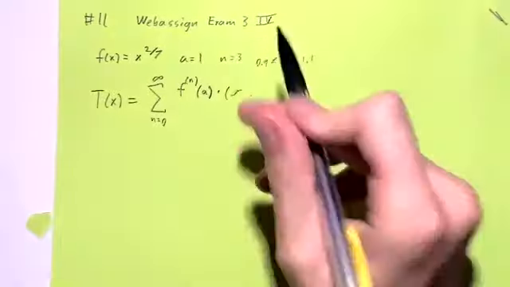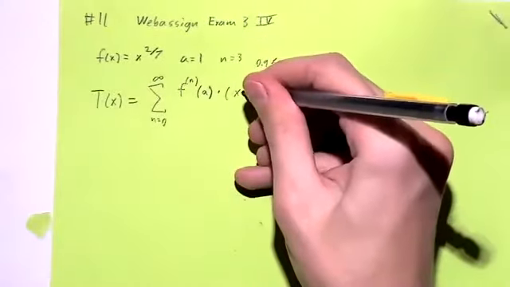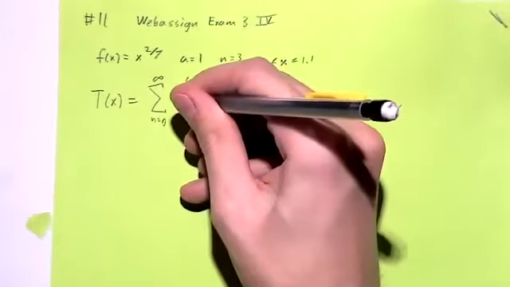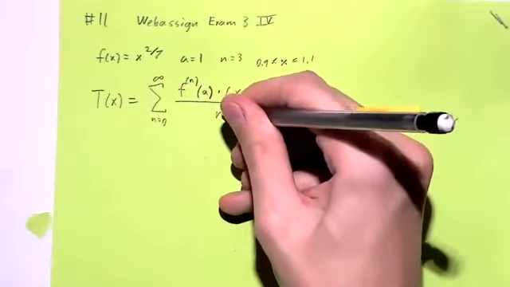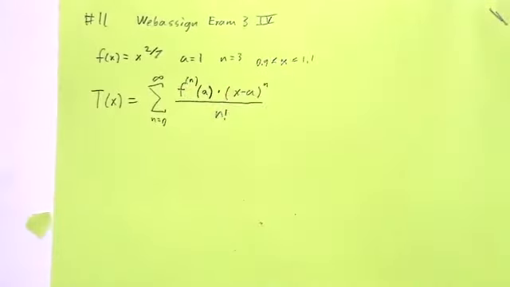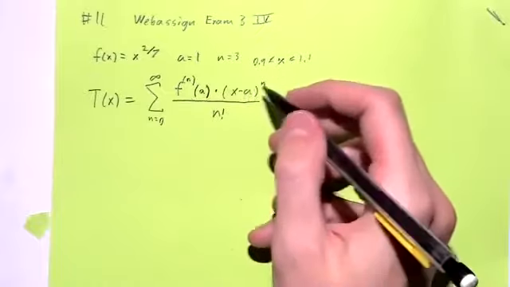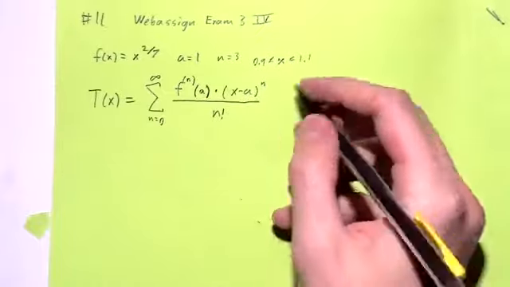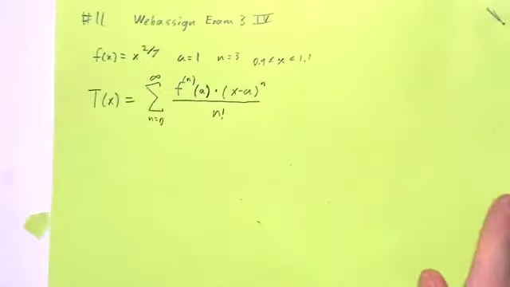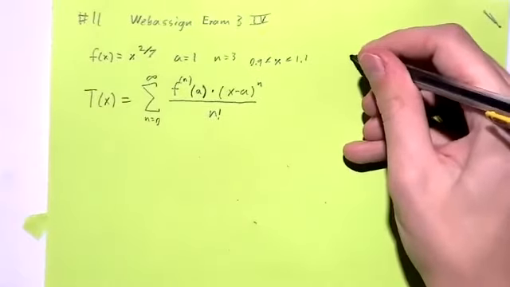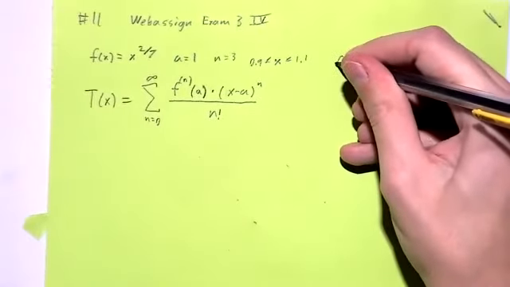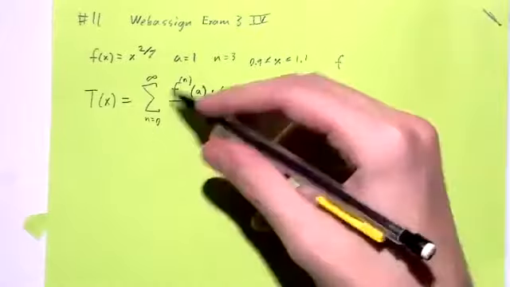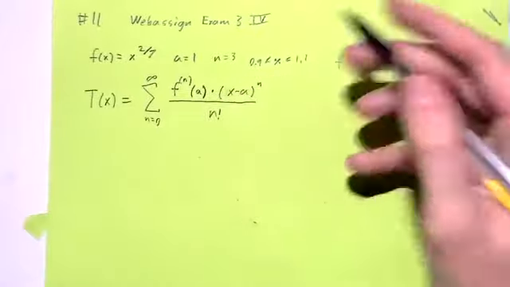It's x minus a. x minus a to the n, and all over n factorial. All right. So we need to know what our derivative is each time, and we want to evaluate it at a.